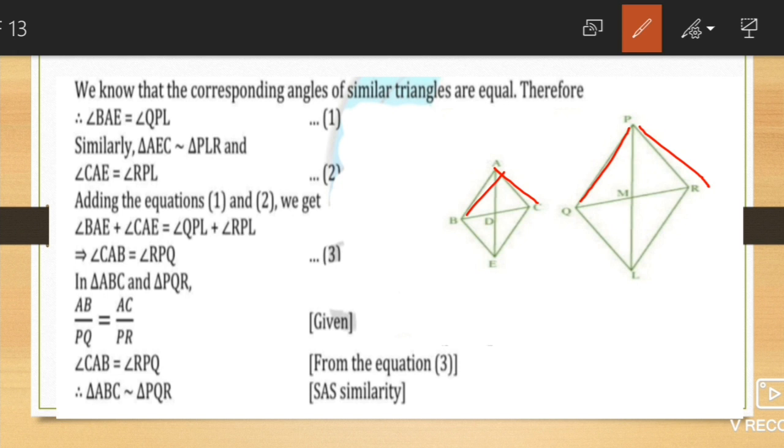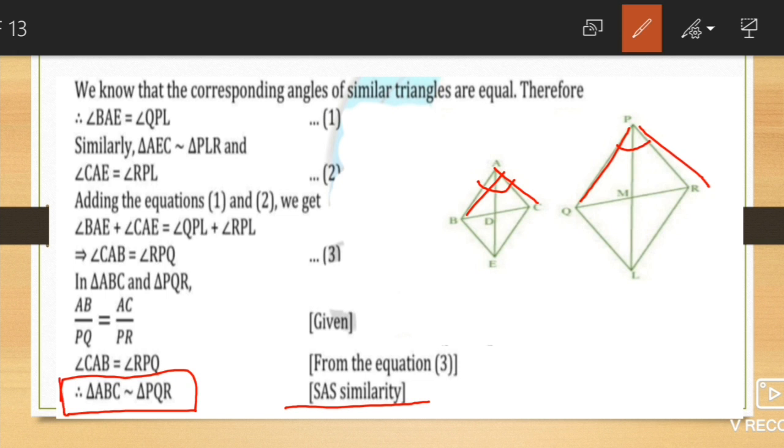So the ratio of the corresponding sides is equal. Also one corresponding angle is equal, and the sides including this angle are in the same ratio. So you can use SAS similarity and state that triangle ABC is similar to triangle PQR.